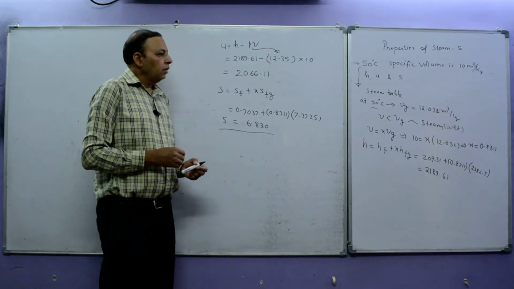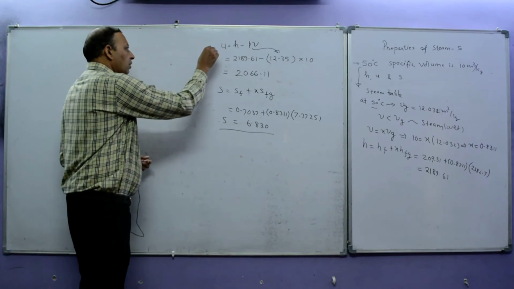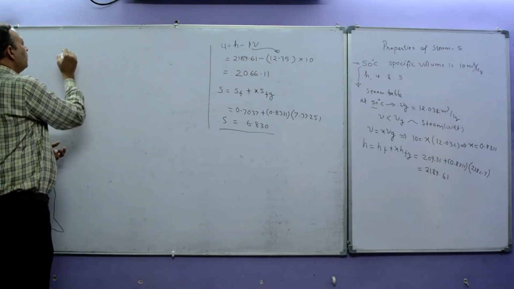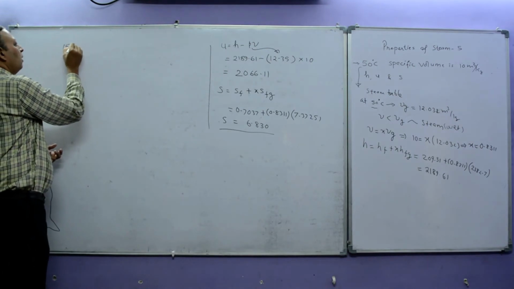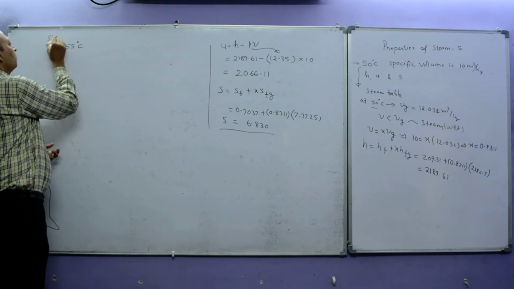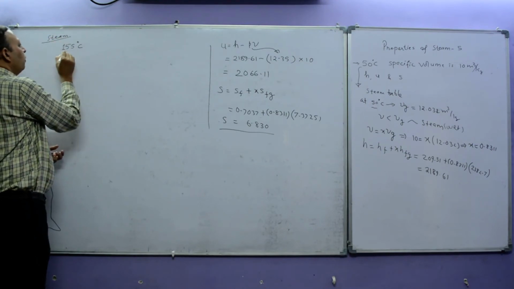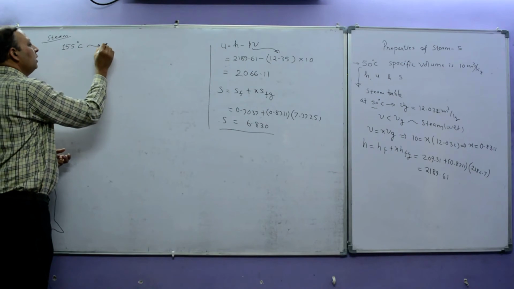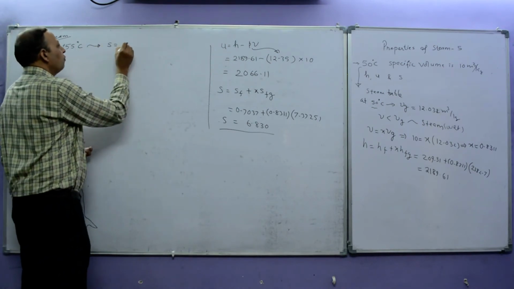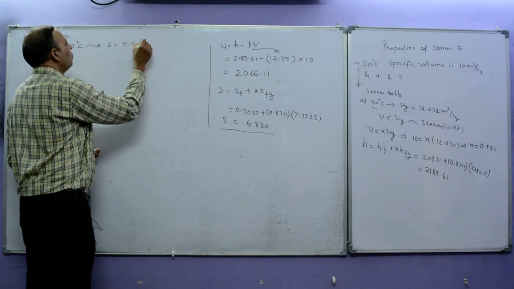In the second numerical, suppose the steam is at 155 degrees Celsius, and its entropy is 5.5 kilojoule per kg.